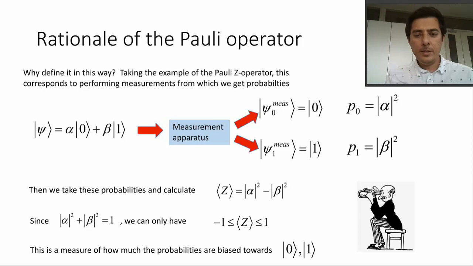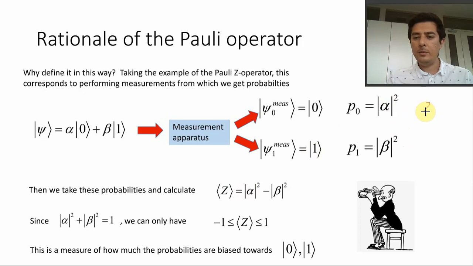So for example, if you are making a measurement of this qubit, then we learnt from before that we will get either 0 or 1, and the probabilities are alpha mod squared or beta mod squared. In this case, we can work out the average value of z.